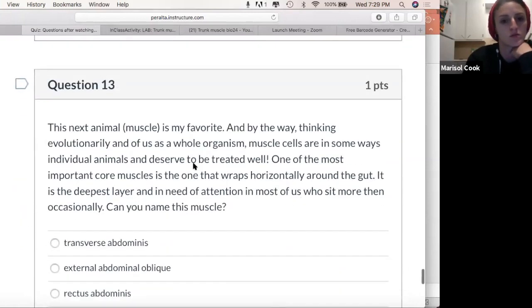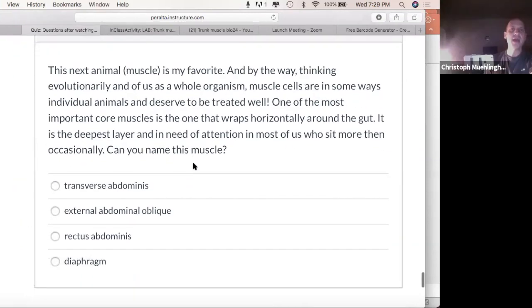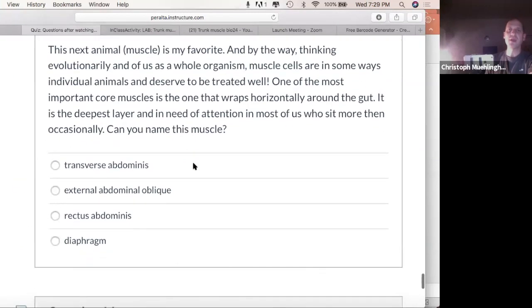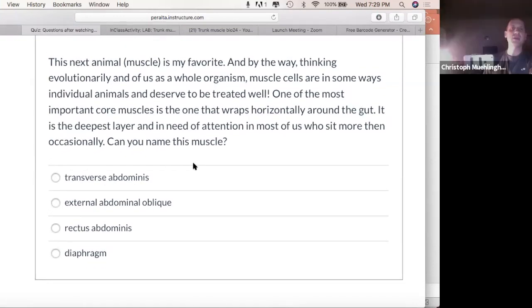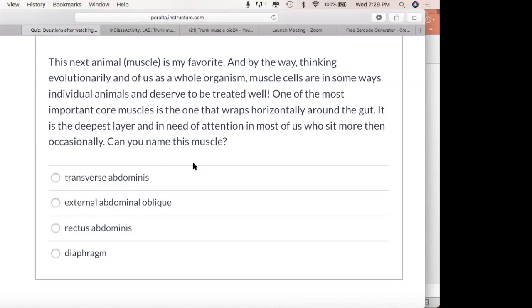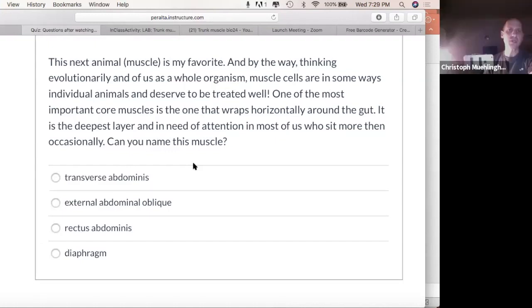Yeah. All right. And then the next muscle is my favorite. No, that can't be what I was thinking about. And by the way, thinking evolutionarily, and of us as a whole organism, muscle cells are in some ways individual animals and deserve to be treated as well.